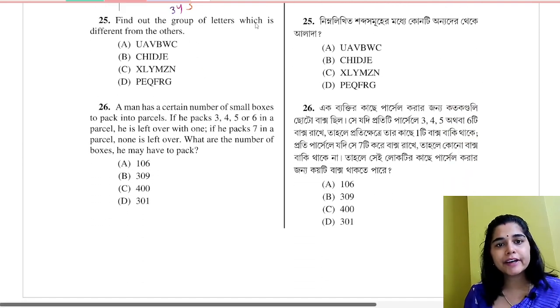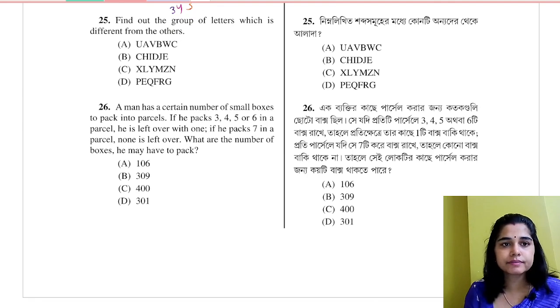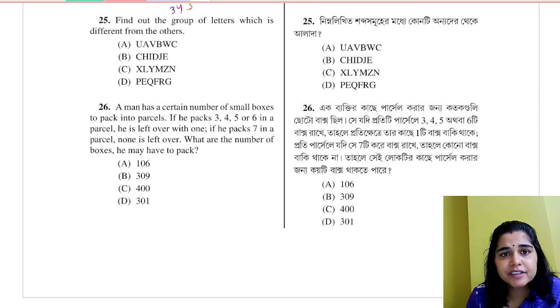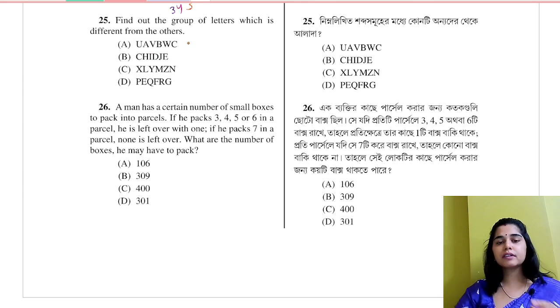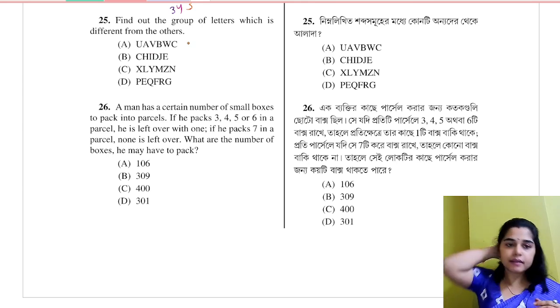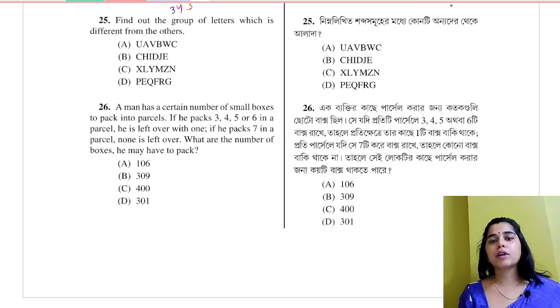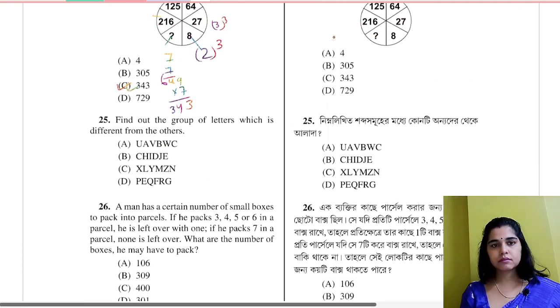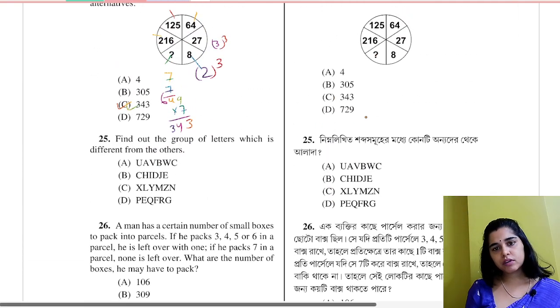So find the group of letters which is different from the others. This question was a bit time-consuming, but it's easy if you remember the formula. Here is one trick I will share which is helpful. There are lots more tricks, but the formula is EJOTY.